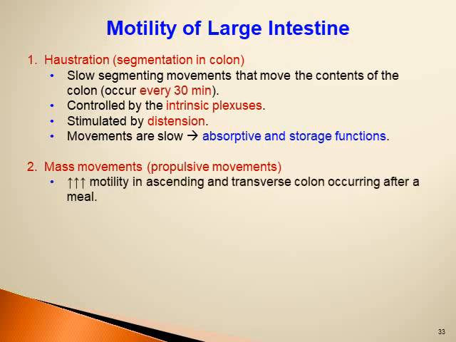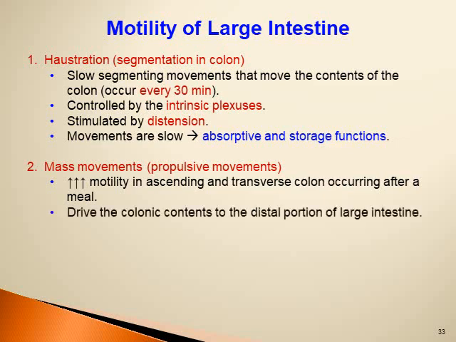These propulsive movements are increased in the ascending and transverse colon after a meal. This will drive the colonic contents to the distal portion of the large intestine, and the mass movements are triggered by the gastrocolic and duodenocolic reflexes.